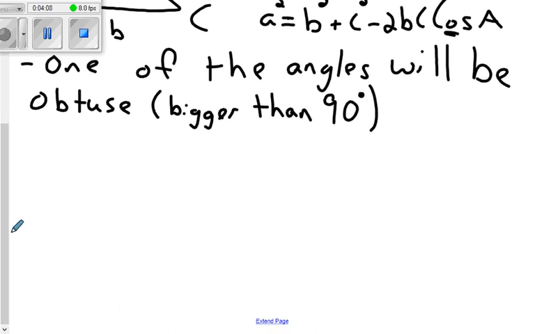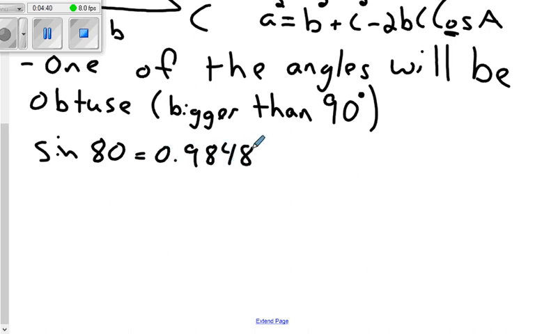So for example, let's say we wanted to take the value of sine 80. If you punch that into your calculator, you get 0.98. Give me a couple more decimals. 0.9848.